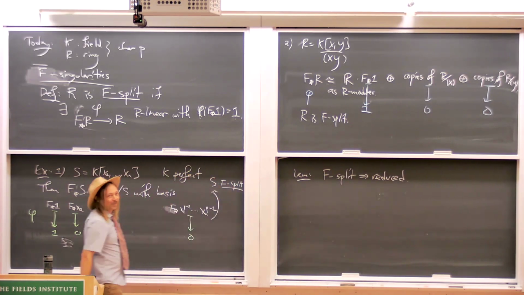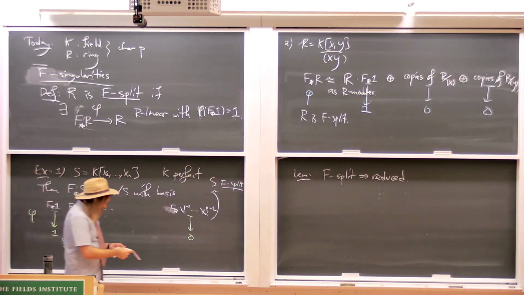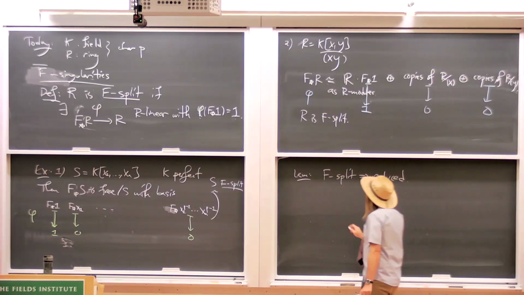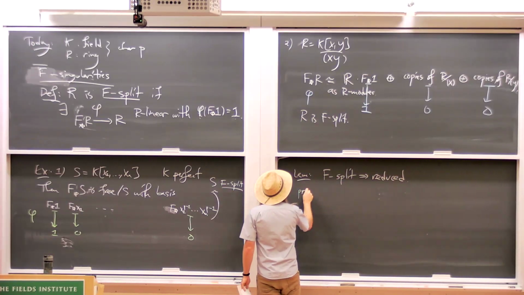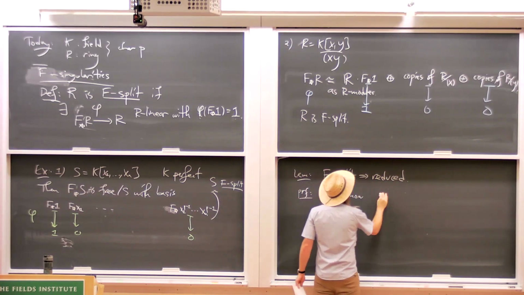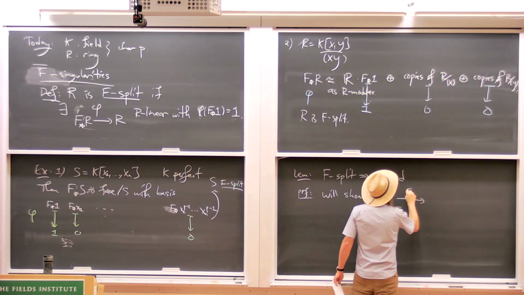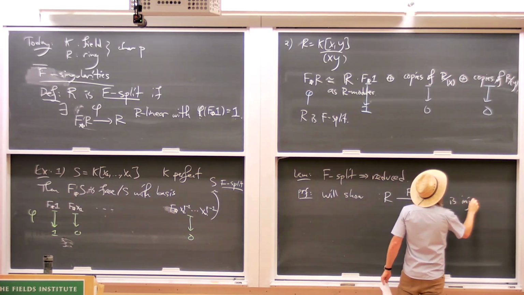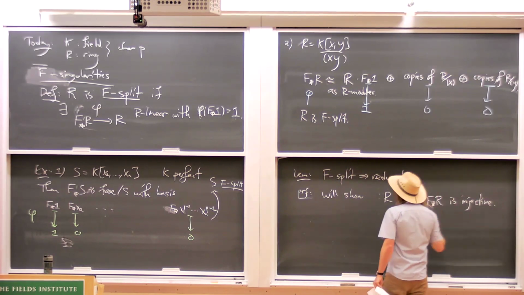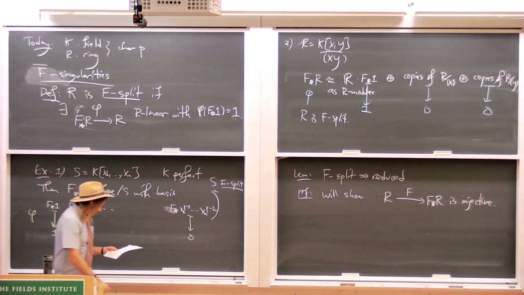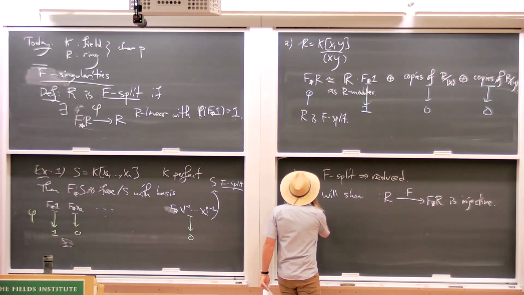Let's look at the first good thing that we saw: an F-split ring is reduced. Again, a reminder of the first thing that we saw, other than the definition.